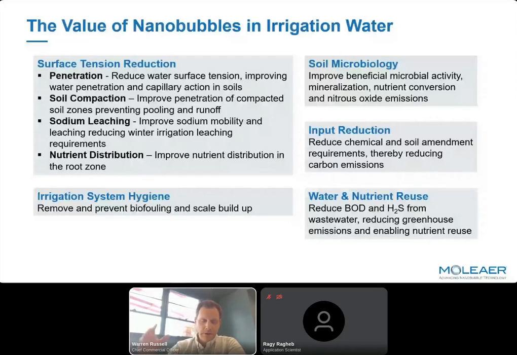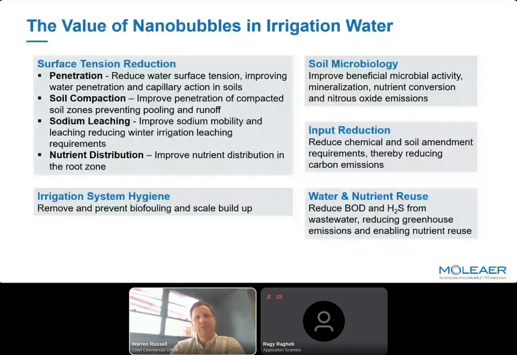So there's a lot of emphasis right now, particularly commercially out there, in the role of oxygen, and it's quite often paired with nanobubbles, and certainly the role of oxygen is instrumental in improving plant health. But today's conversation is really going to be focused more to do with the nanobubbles and how nanobubbles influence and change the properties of water, and how that will be applied in agriculture and irrigation applications.